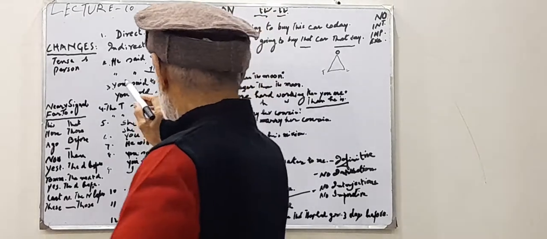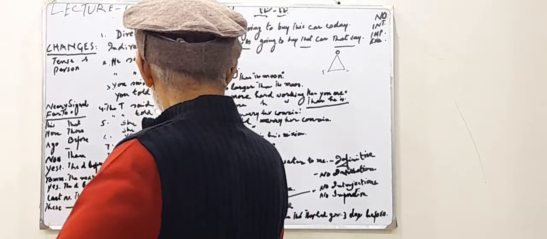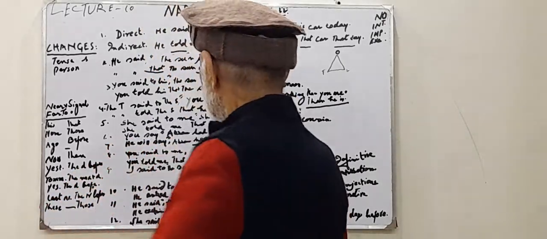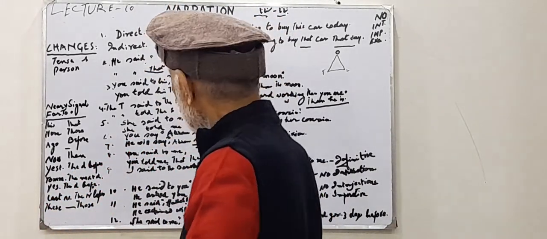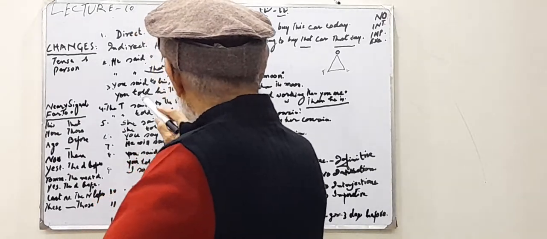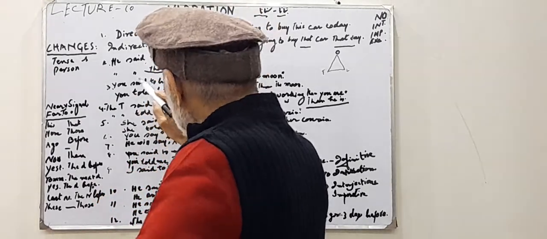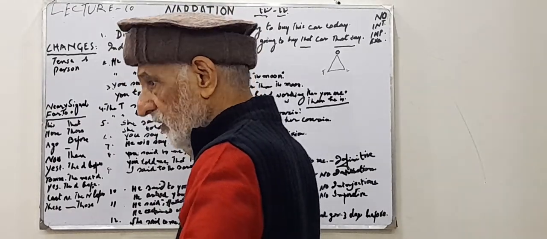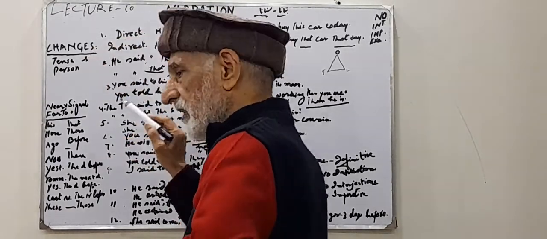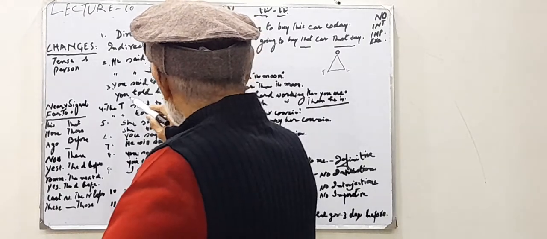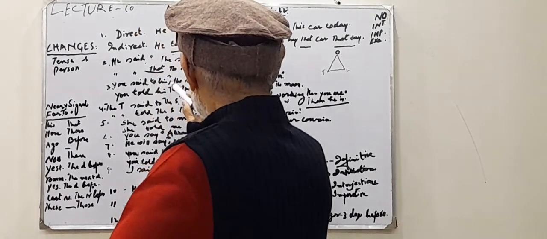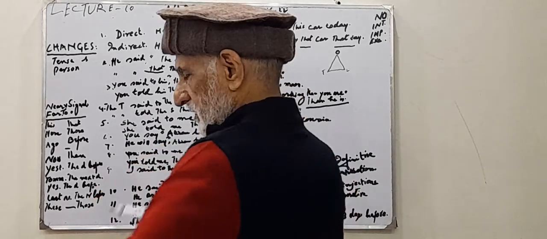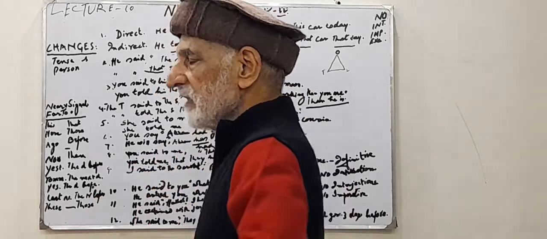Third example. You said to him, the sun is larger than the moon. You told him, the listener is there. Now you can use told in place of said. It is a universal truth.